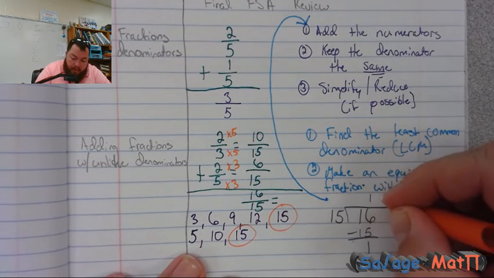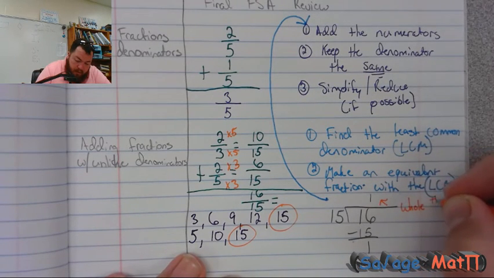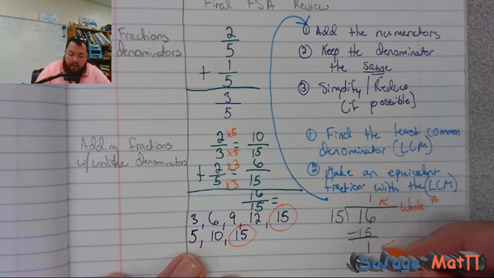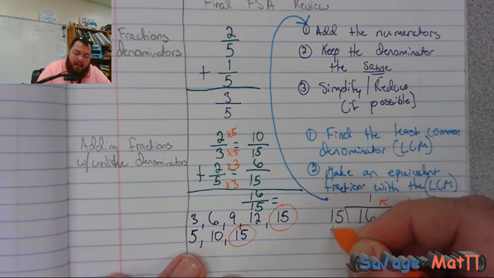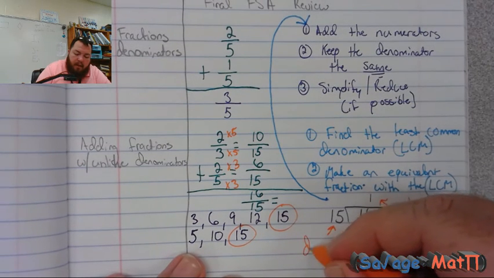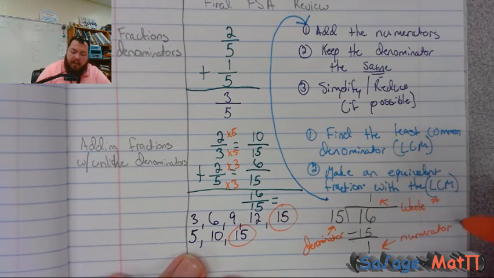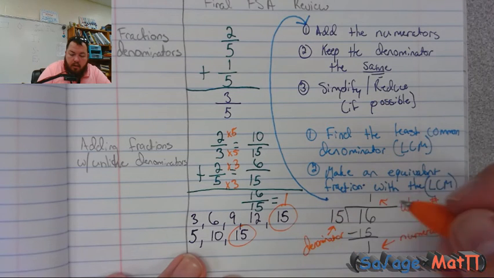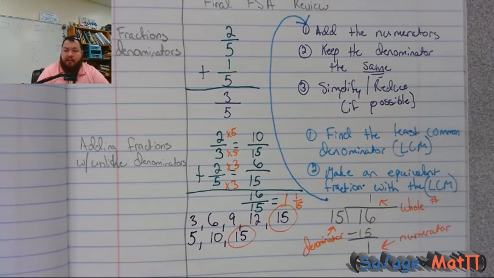The number I put up here is going to be my whole number. The number that's left over is going to be my numerator. And right here is going to be my what? Denominator. So that would give me 1 and 1/15th.